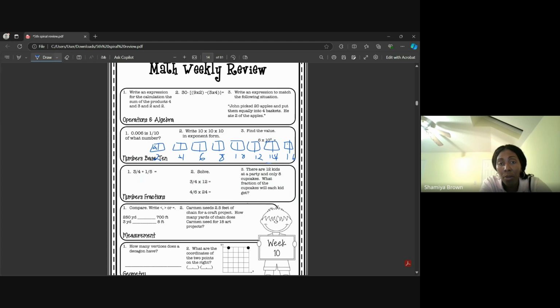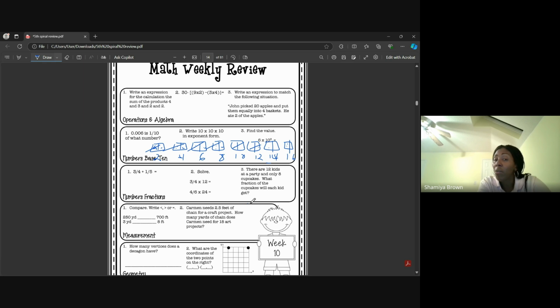So this is 1/2, 2, 3, 4, 5, 6, 7, 8, 9, 10, 11, 12. So these cupcakes are gone. So now I have 2 cupcakes left, but it's a half.